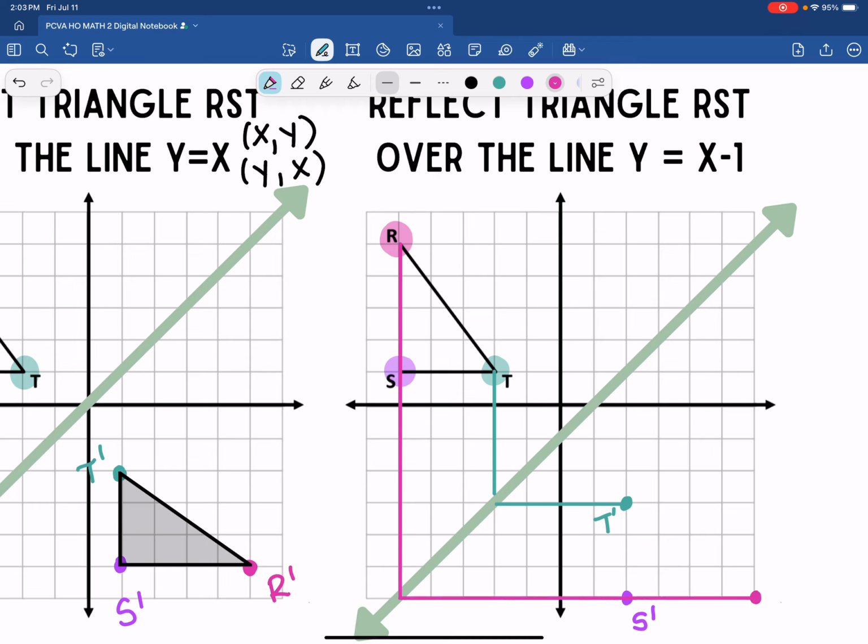And then there's going to be R prime. So there's my reflection over that line. And again, I'm going to erase these lines so that you can see that reflection a little bit better.